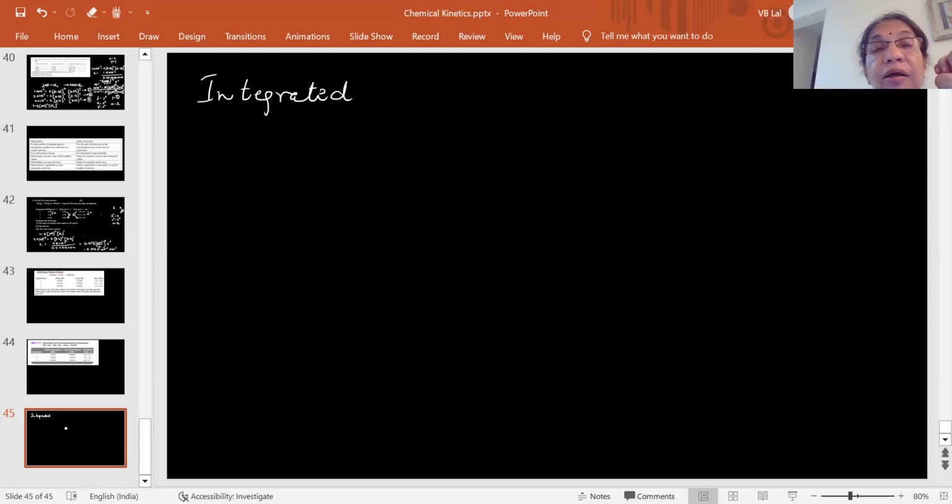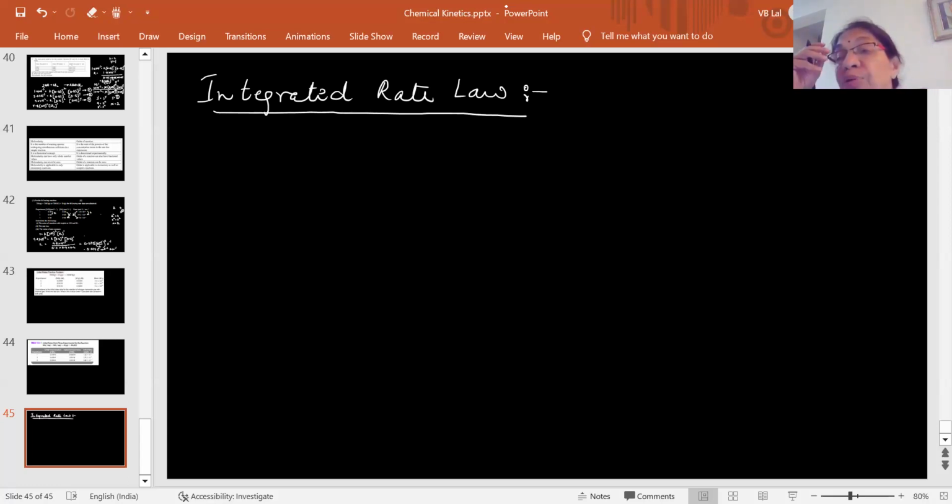Integrated rate law. Okay, so I told you in case of rate of reaction, the rate is continuously changing, isn't it? Because as the concentration of the reactants is decreasing, the rate of reaction also decreases.